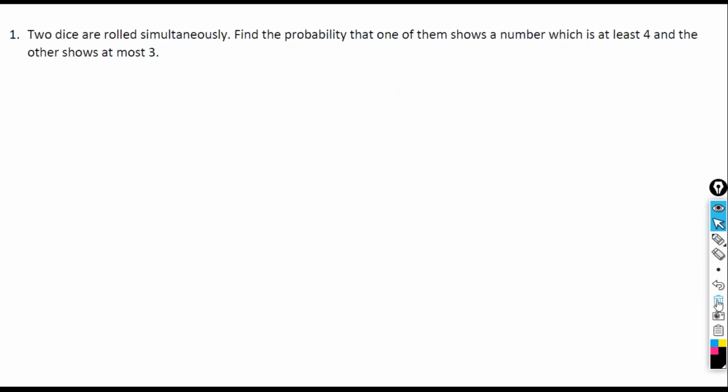Let's say the question says that two dice are rolled simultaneously, so find the probability that one of them shows a number which is at least 4 and the other shows at most 3. If two dice are rolled, the possible outcomes on the face are 1, 2, 3, 4, 5 and 6.